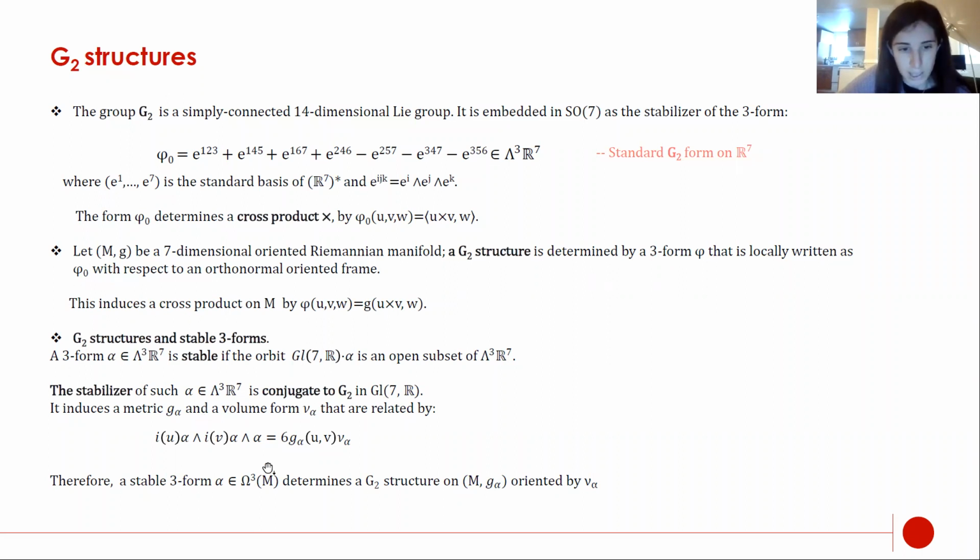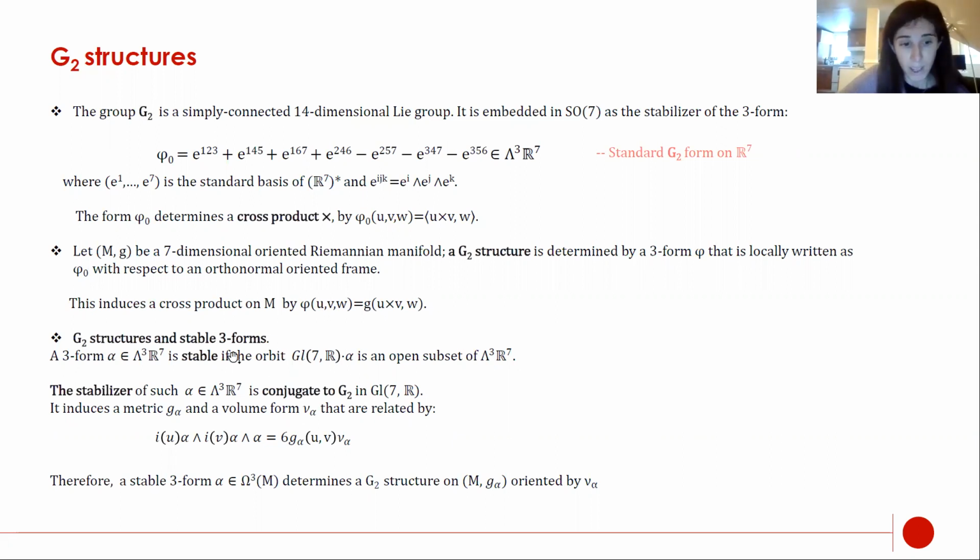And these are related by that equation: 6 times the metric evaluated on u, v times the volume form is equal to the wedge product of the contraction of alpha by u with the contraction of alpha by v and alpha.